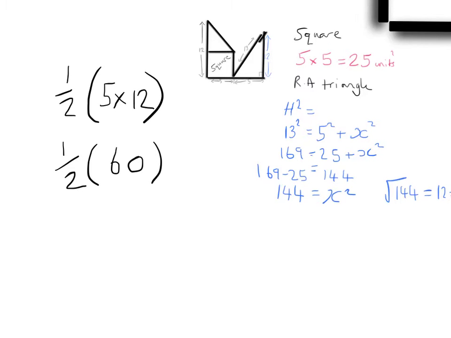We want half of that, so that's 30 units squared. So we have at the moment a total of 30 units and 25 units, the first triangle and the square. We still haven't got the area of this little triangle there, and that is quite obviously the easiest part.